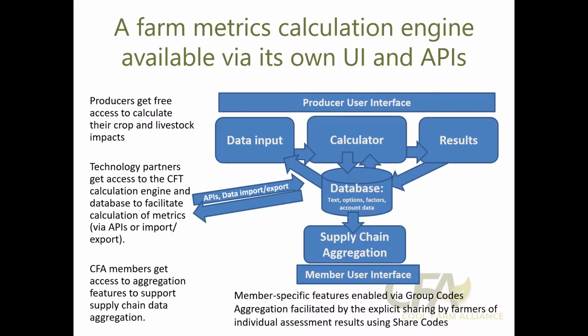For example, if a member has a particular set of instructions they want to give all of their suppliers, they can enable a group code so only their suppliers get those instructions. Aggregation is also facilitated through a sharing system. A farmer will explicitly share their data from their assessments using a share code, and anything allocated to a specific share code can then be aggregated. So it's a simple mechanism for recognizing permissions on data.